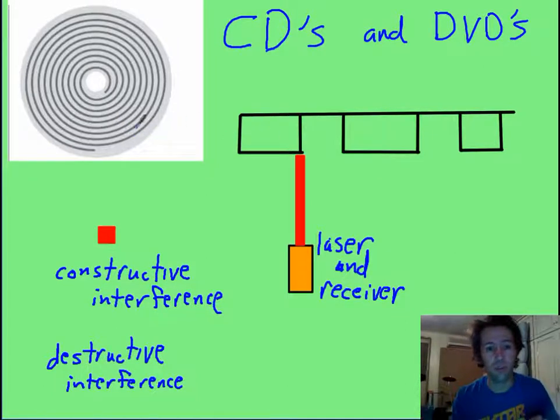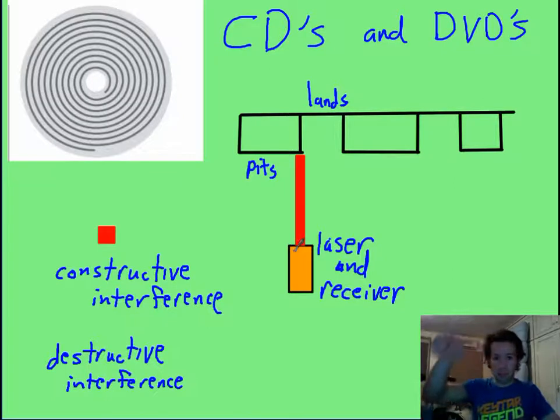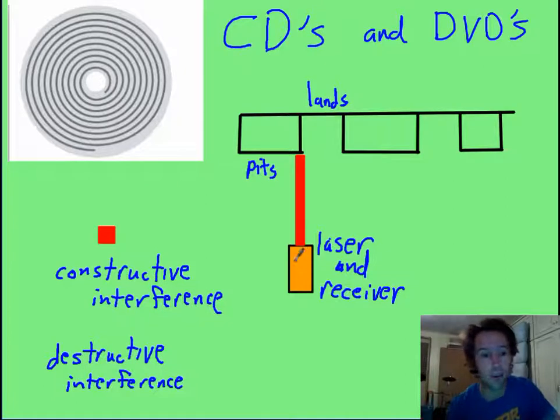And those tracks have been hit with these things called pits and lands. And as your CD spins, beneath it will be a laser beam. And that laser beam is firing a laser up at the bottom and also receiving what bounces off. It's going up and coming back.